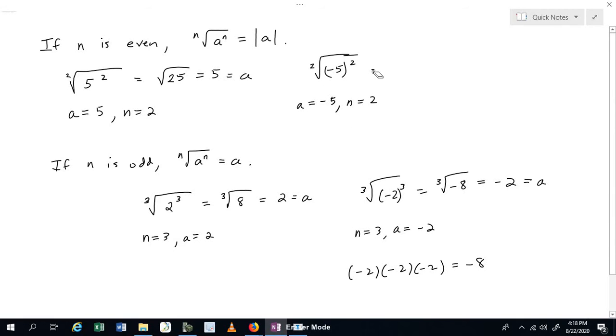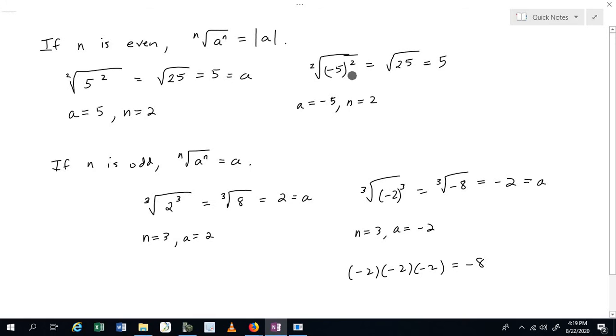Okay, so again, n is even still, but now the base is negative. All right, let's see what happens in this case. Well, negative 5 times negative 5 is 25. And then you take the square root of 25, and you get 5, positive 5. But that's not what a is. A in this case was negative 5.